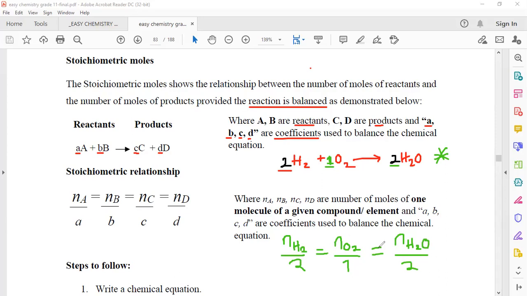So this is what we call a stoichiometric relationship.